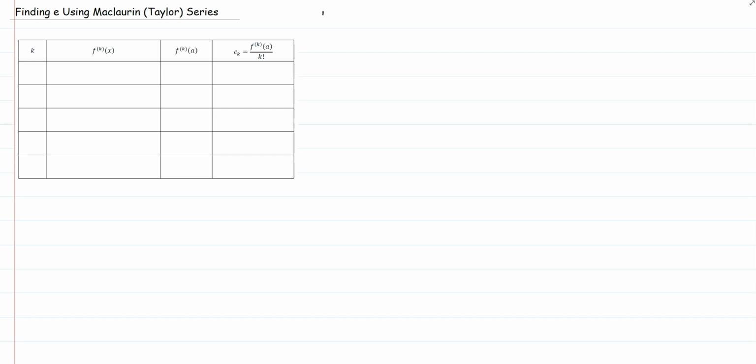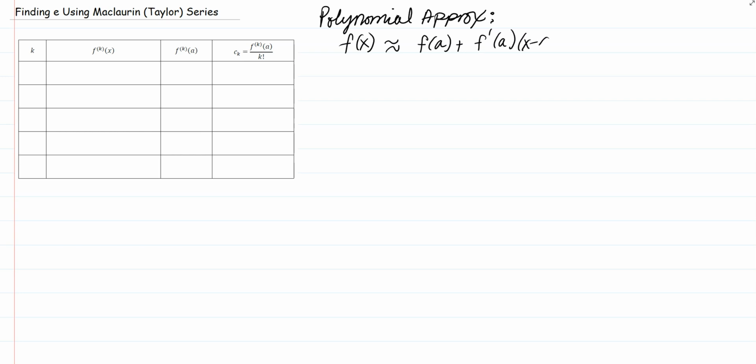We started out with saying that the polynomial approximation of a function f of x is going to be approximated by the polynomial f of a plus the derivative evaluated at a times x minus a plus the second derivative evaluated at a over 2 factorial.